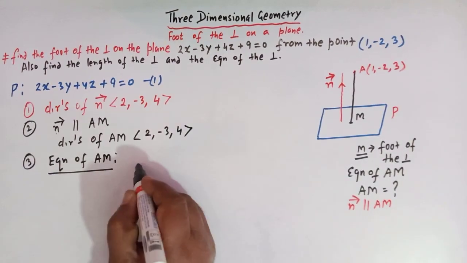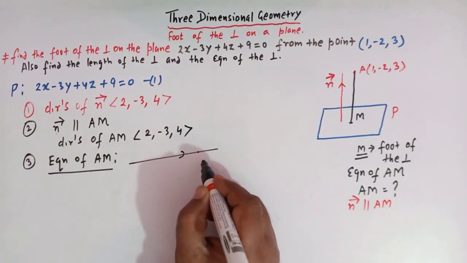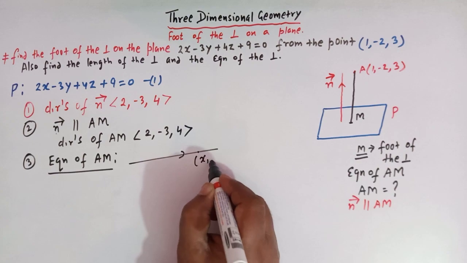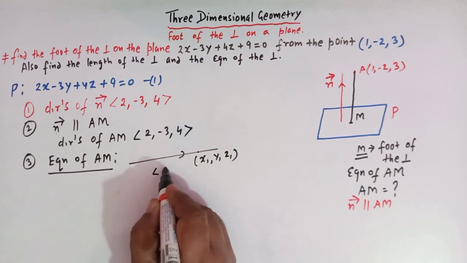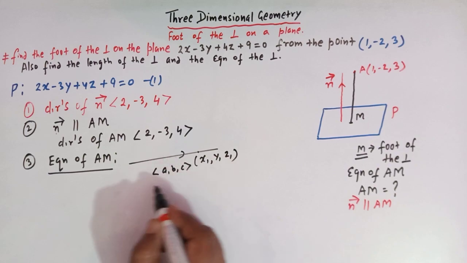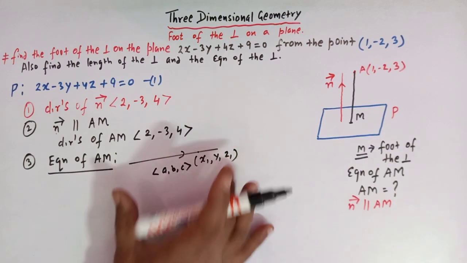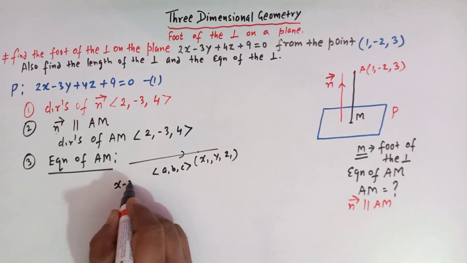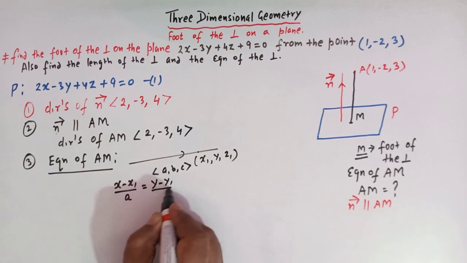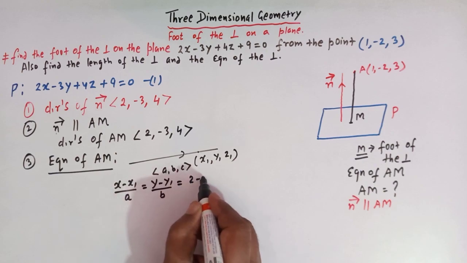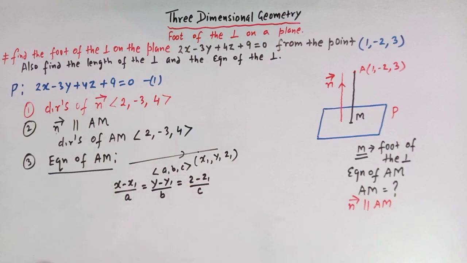See, if we have a straight line which passes through some point (x1, y1, z1) and having direction ratios a, b and c, then the equation of such a line is given by (x minus x1) over a, (y minus y1) over b, and (z minus z1) over c.